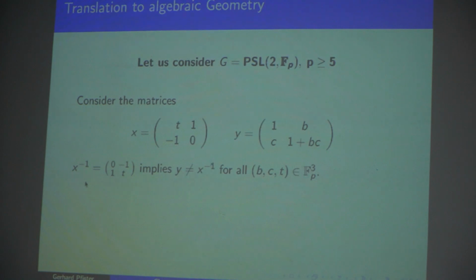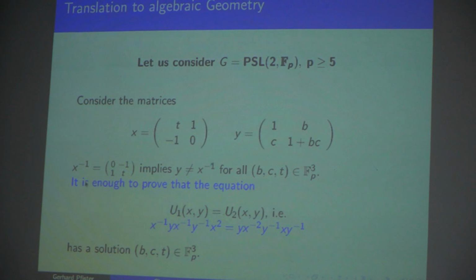And then, of course, if you compute x minus 1, then it is 0, minus 1, 1, t, which is obviously different from y, because y has at the first place a 1. And b, c, and t are parameters, and they should run in the F3.